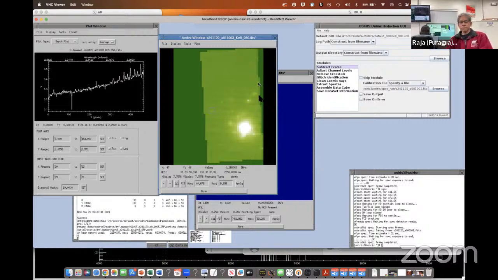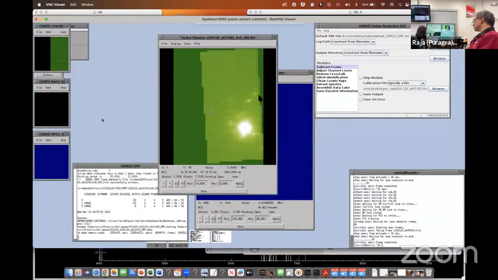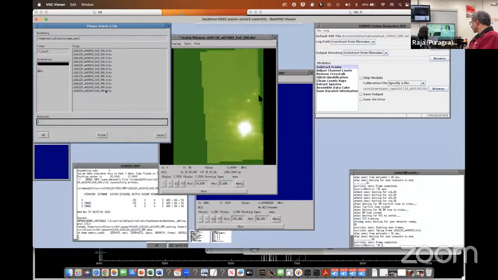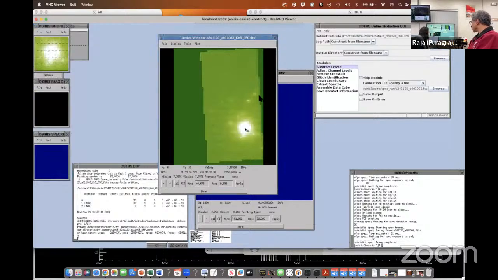Yeah, because this is the finding chart. So this is what I originally planned, and this is what it looks like now. Yeah, I see what you mean.